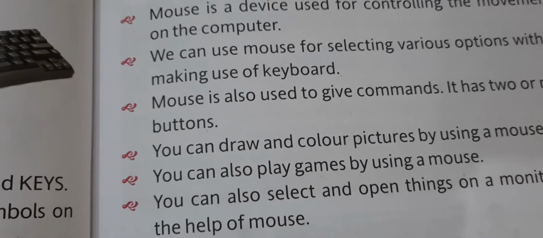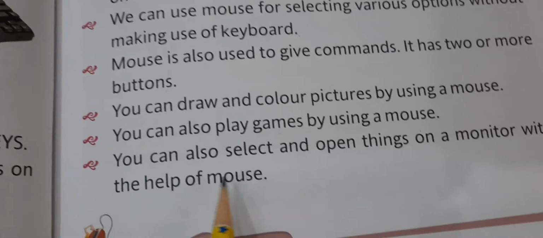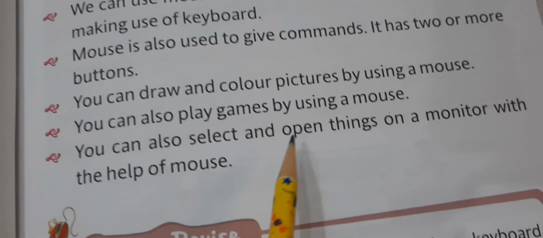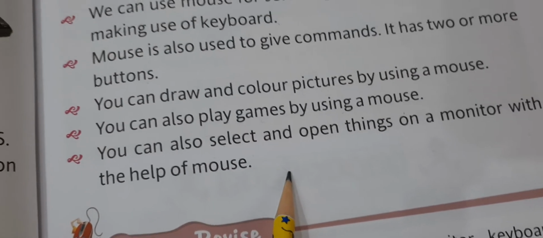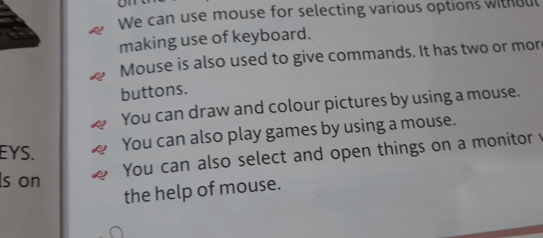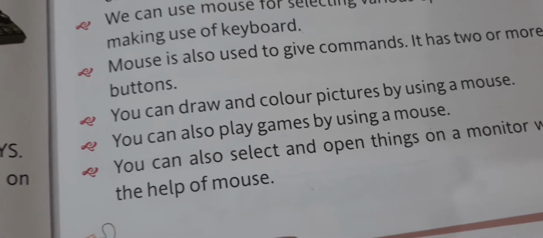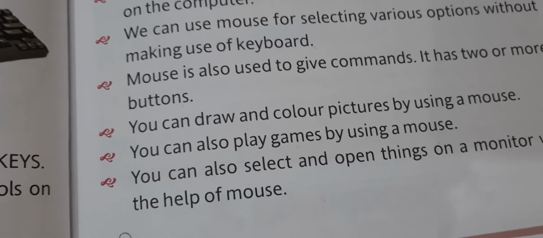If we want to play games on a computer system, then also we need mouse. You can also select and open things on a monitor with the help of a mouse. Means if we want to open any application or any game or any movie, or if we want to listen to music, we can do everything using mouse.